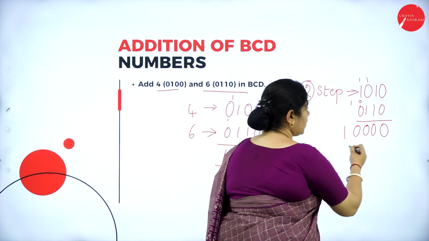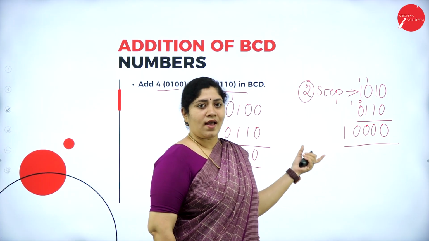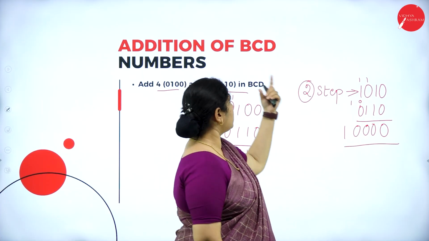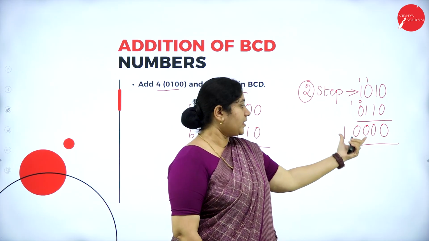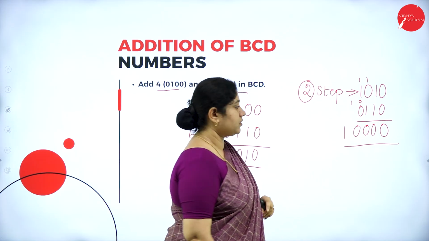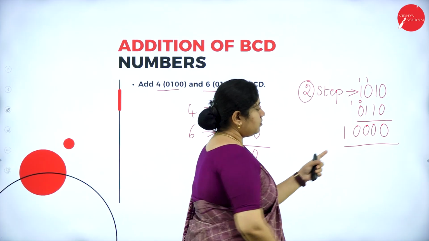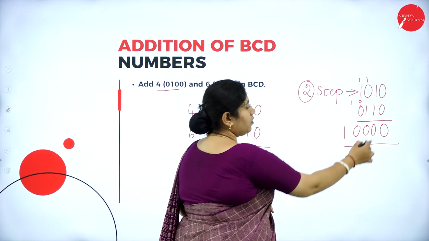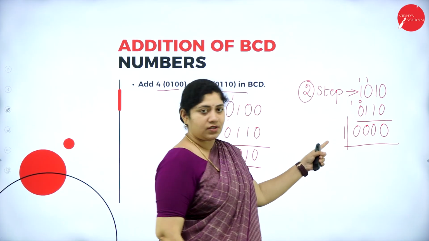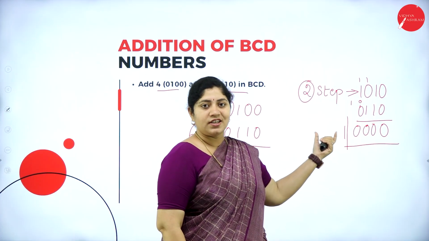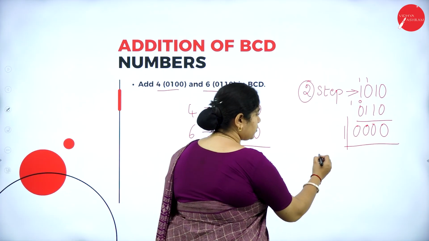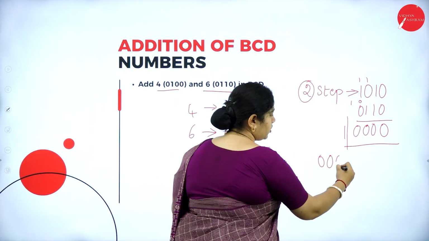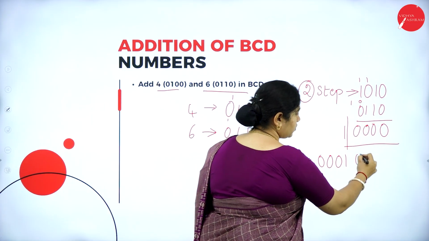So this is my final answer. And now how to represent this? As we are dealing with 4-bit format, let's write this completely in 4 bits. Now we have a single bit over here, right? 1, 2, 3, 4 followed by one single bit. Let's write it in a 4-bit format itself. So it will be 0, 0, 0, 1 followed by 4 zeros.